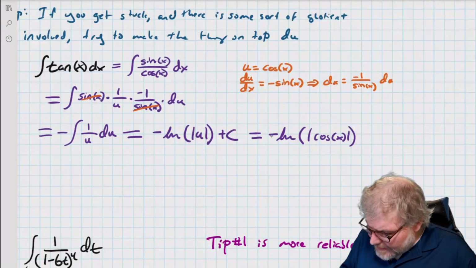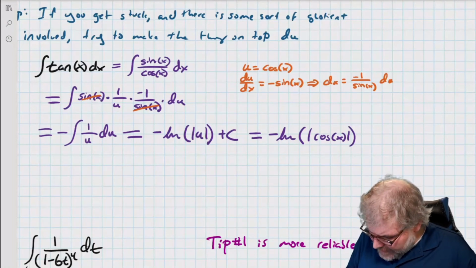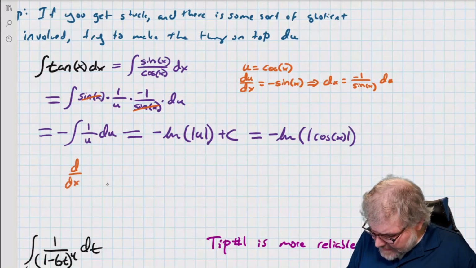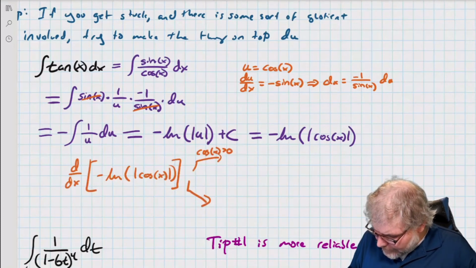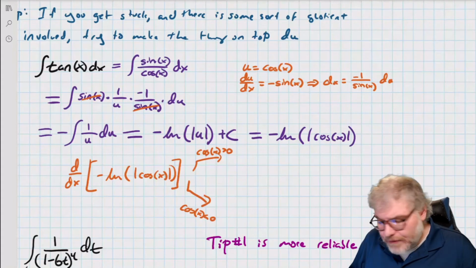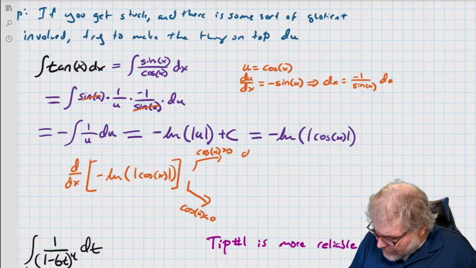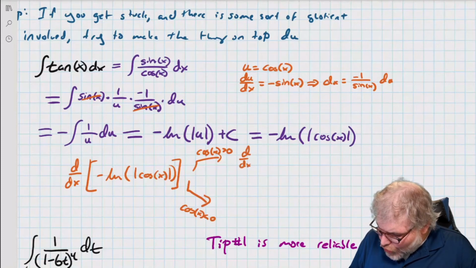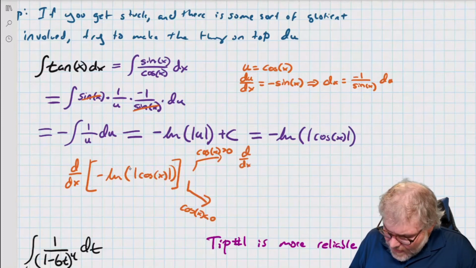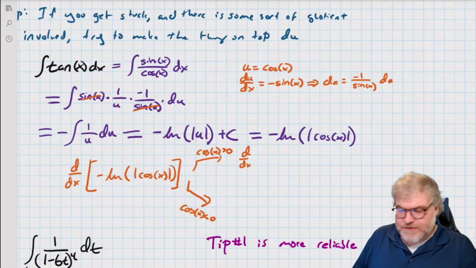So here I've got this. I take the derivative with respect to x. It's not defined where cosine of x equals 0. If cosine of x is greater than 0, this right here is just going to be cosine.